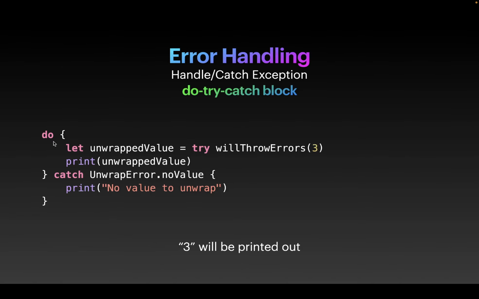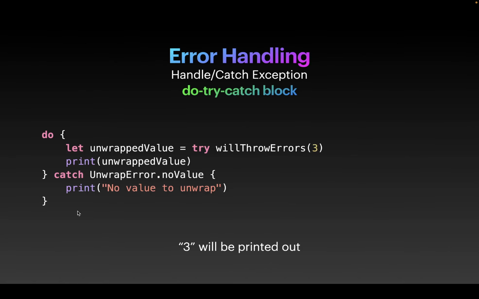If some error or exception is thrown, we fall back to the catch statement. In this case, I can specify the type of error I want to catch. I can explicitly catch UnwrapError.noValue, or I can catch any other error and fall back to this branch.